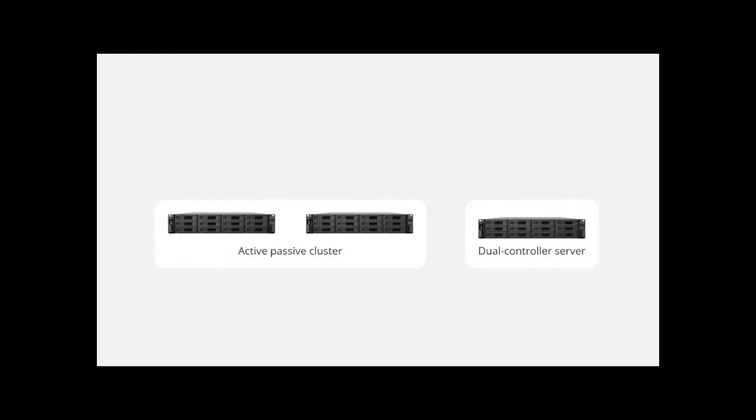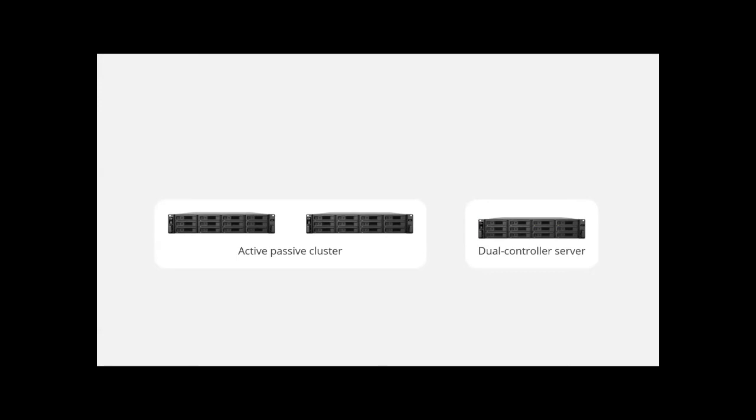So let's take a quick look at 2 scenarios, because all Synology business class devices can be deployed in pairs, allowing you to configure high availability storage pretty simply. But there are a few things to consider when we're looking at an HA build. On the left, we have 2 units being used as an active passive cluster.